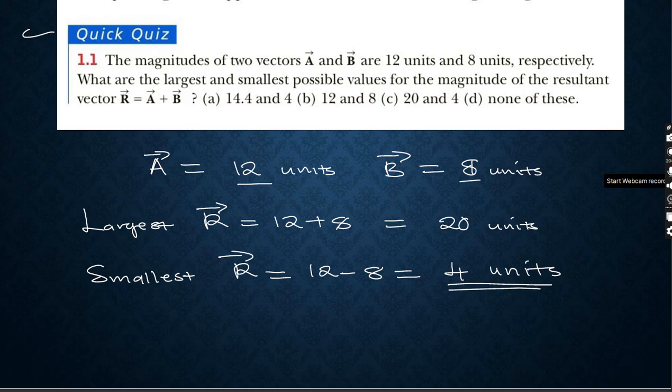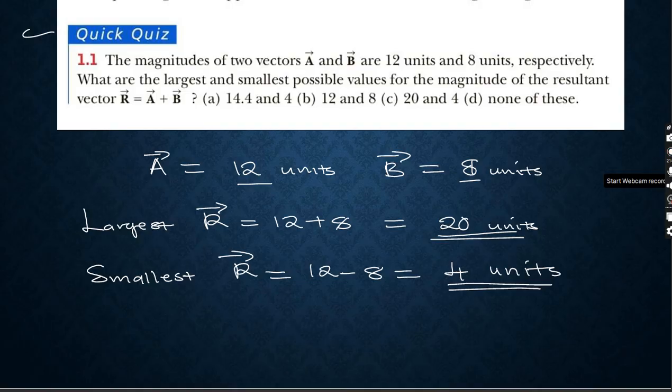So according to the options which have been given, that means C is our correct answer there. So this is how you deal with any questions which involve adding or subtracting vectors.